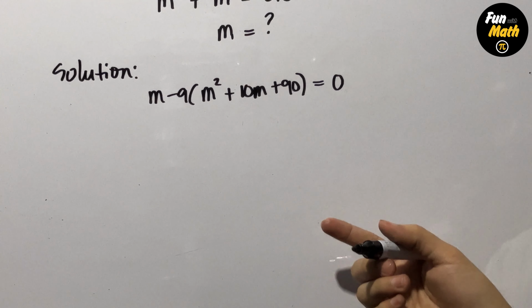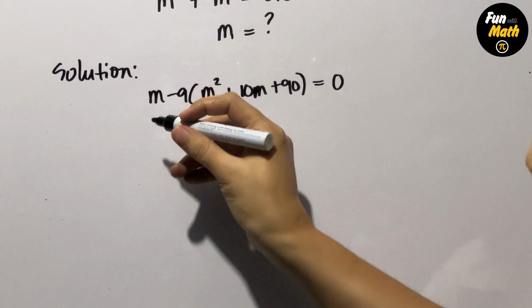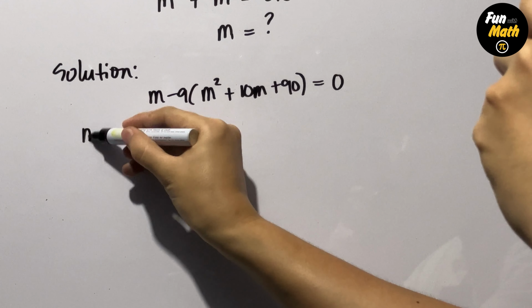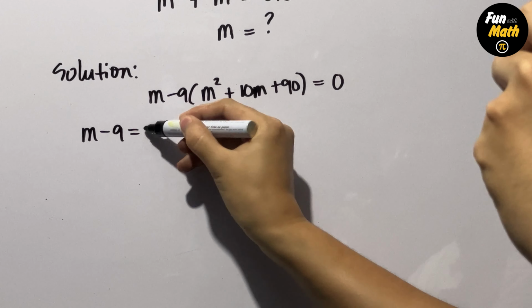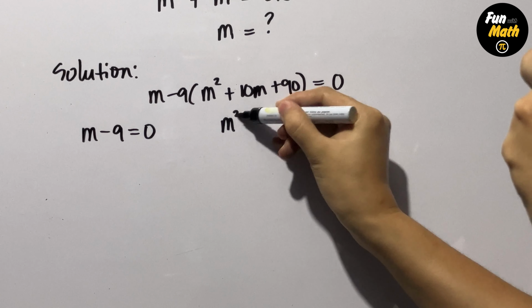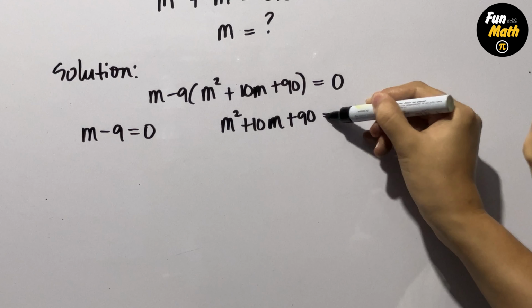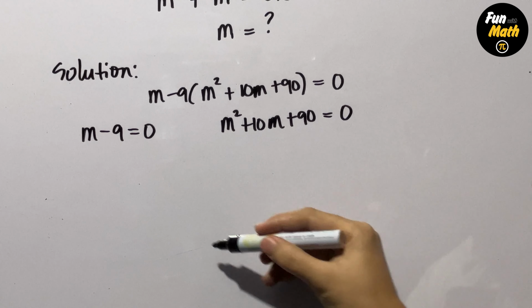Now to continue, we can equate each factor to 0. First, we have m minus 9 is equal to 0. The other one is m squared plus 10m plus 90 is equal to 0.